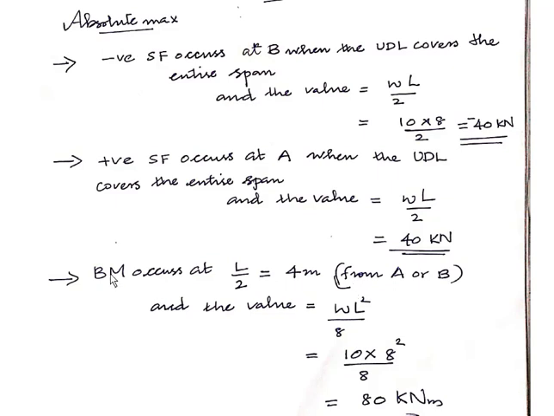The absolute maximum bending moment occurs at 4 meter and the value is WL square by 8. So W is equal to 10 and L is equal to 8. So the absolute maximum bending moment is equal to WL square by 8, which is 80 kilonewton meter, and it occurs at the midspan of the beam. So this is about the second type of problem.